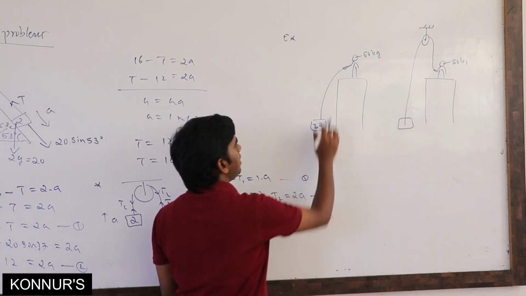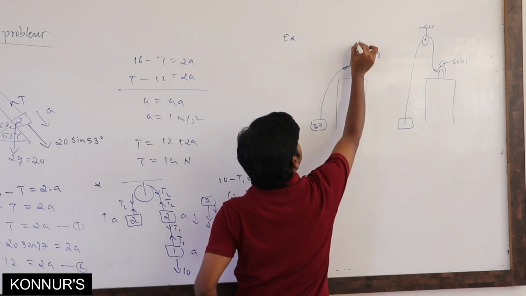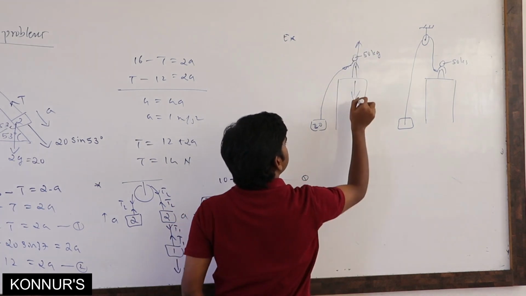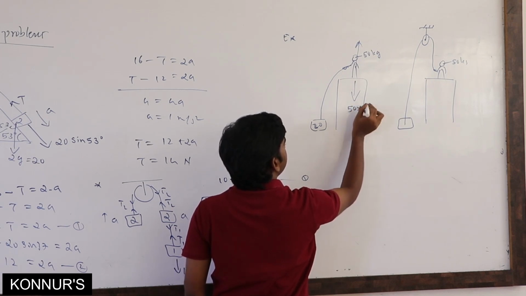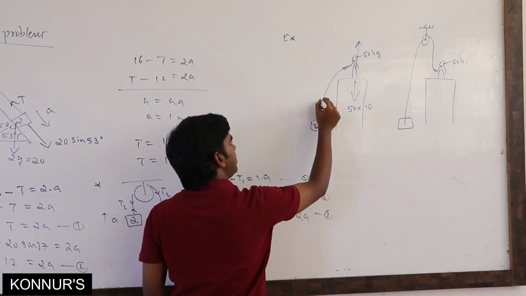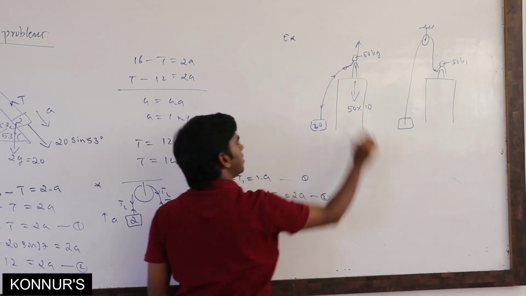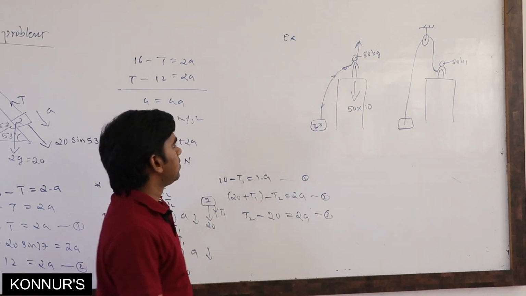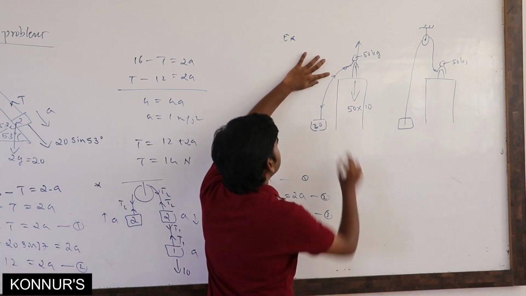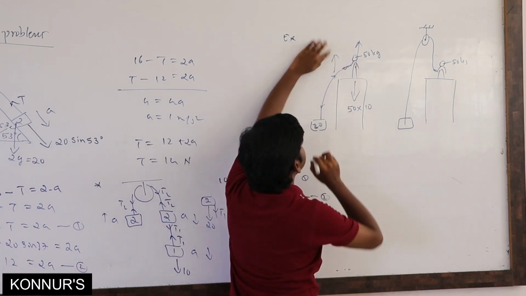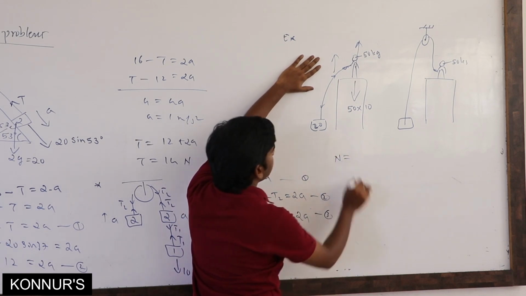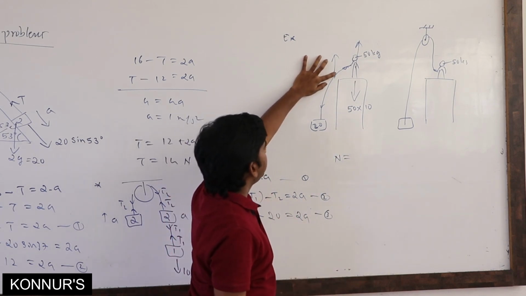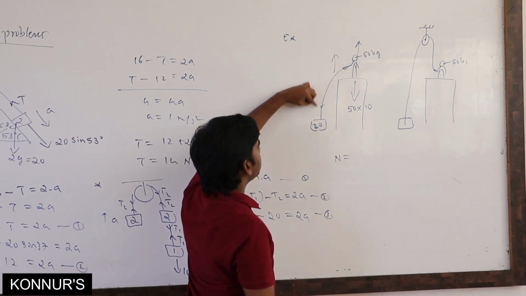Now here what is the normal? Normal equals net downward force. What is the net downward force? It is 50 into 10. Here tension is in this direction. Okay. So what is the normal then? The direction of tension is like this only.